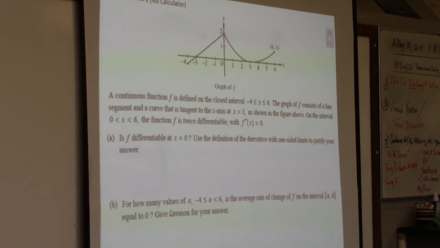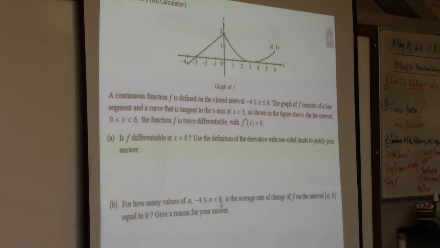All right, for B, for how many values of A on the interval from -4 to 6 is the average rate of change of f on the interval A to 6 equal to 0? Give a reason for your answer.